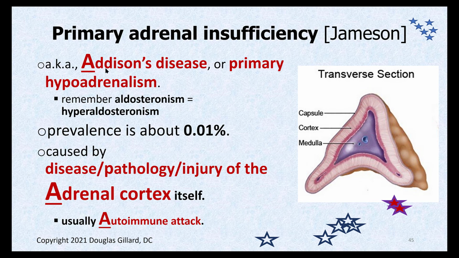What messes it up? There are really two things that can mess up the adrenal gland to give you Addison's disease. It's either a bug like tuberculosis has gotten into the adrenal gland, for whatever reason the TB bug loves the adrenal gland, or it's an autoimmune attack against, guess who, 21-hydroxylase. It's an attack against the adrenal cortex itself.